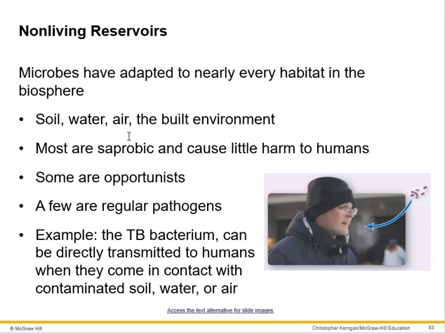If you encounter the microbe in its habitat, like in the water or in the soil or in the air, then it could be transmitted to you. So some are opportunists and some are regular pathogens. TB is one that can be directly transmitted to humans when they come into contact with contaminated soil or water or air.